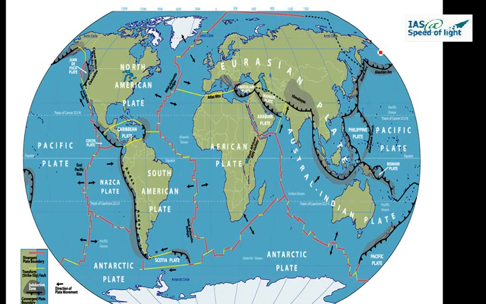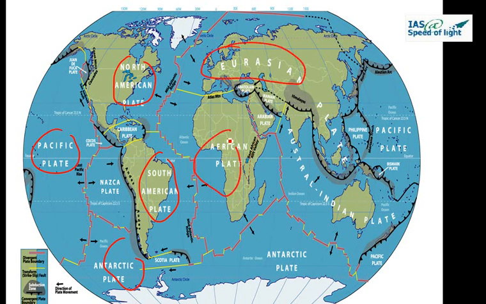Now, these are some of the major and minor plates. There are some major plates like the North American plate, the South American plate, the Pacific plate, the Antarctic plate, the Eurasian plate, the African plate, and the Australian Indian plate. So these are the major plates. There are some minor plates also like the Caucasus plate.